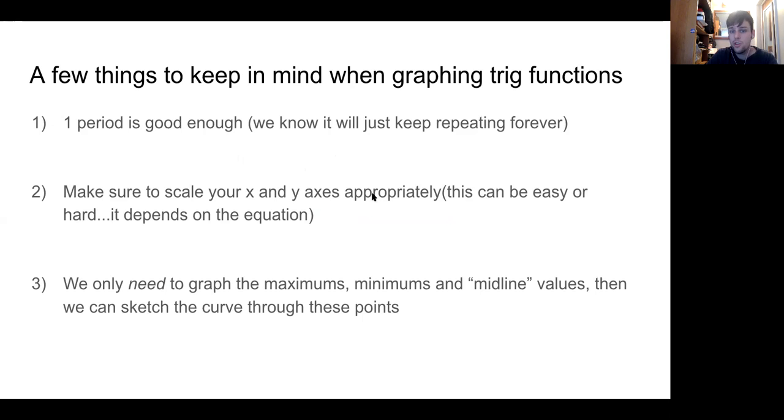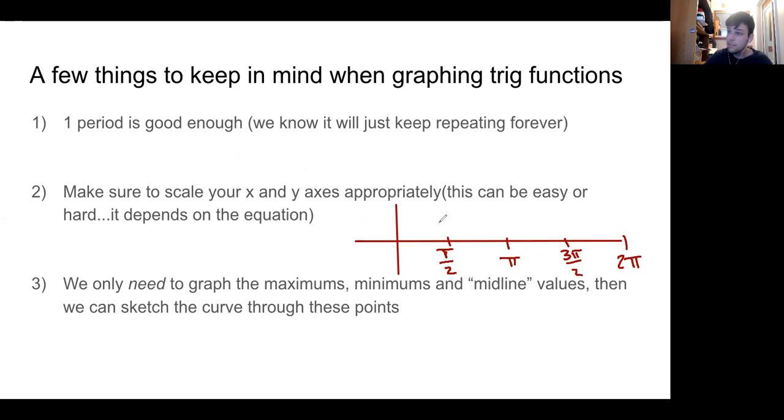Second thing is make sure you scale your x and y axes appropriately. This can be kind of easy or kind of hard. It just depends. If we can use our standard scaling, which is something like this, we go from 0 to 2 pi, with pi in the middle. These would just be our quadrantal angles on the unit circle.